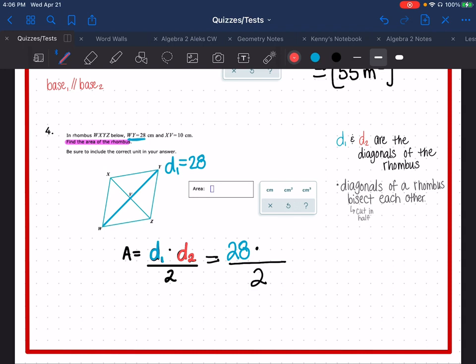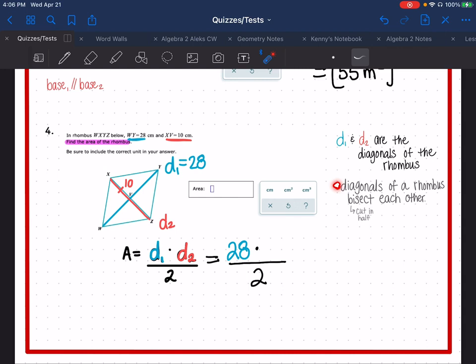Now my other diagonal is this one right here. Notice they tell me that XV is 10. Be careful because this is XV, but I need the whole thing to be diagonal 2. This is where this property comes in.